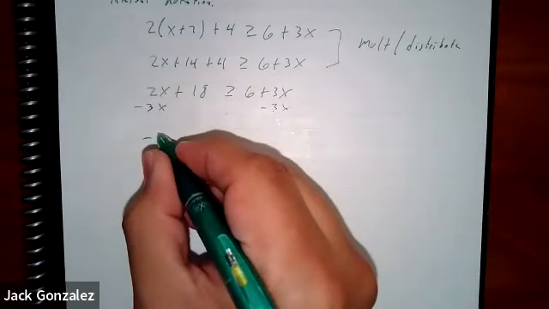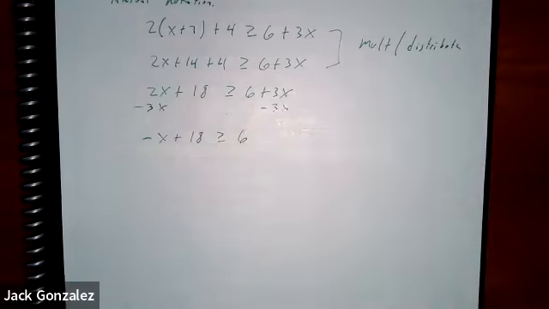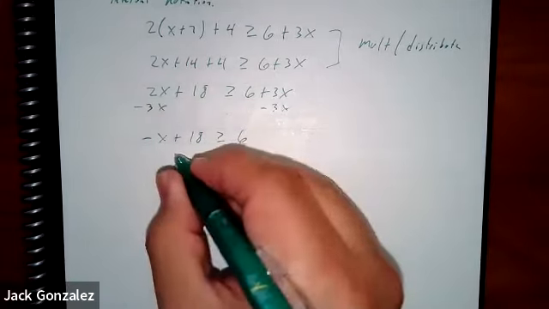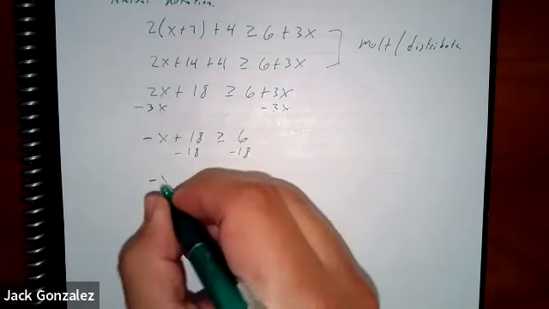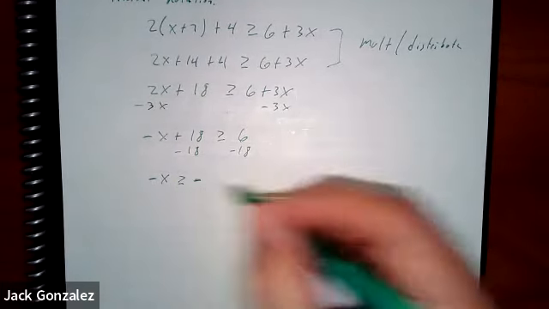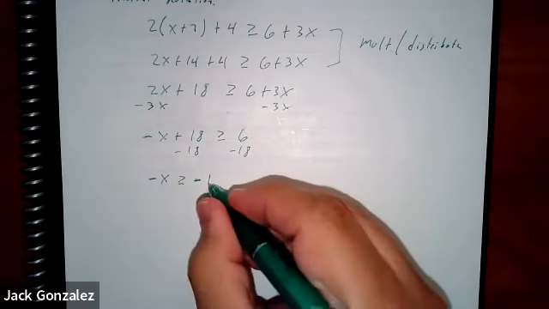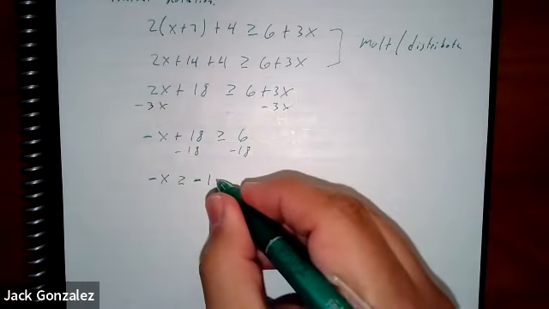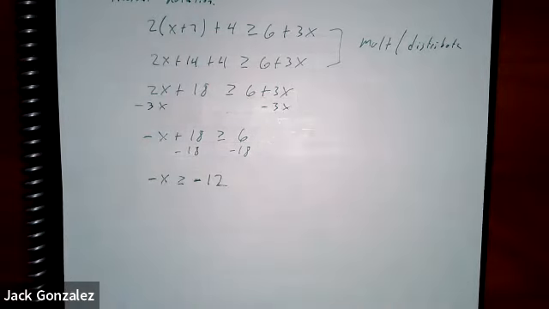Notice how it's the same steps as for equations, it's just not an equation. Subtract 18, subtract 18. 6 minus 18, what is that? Close. Right, you guys agree?